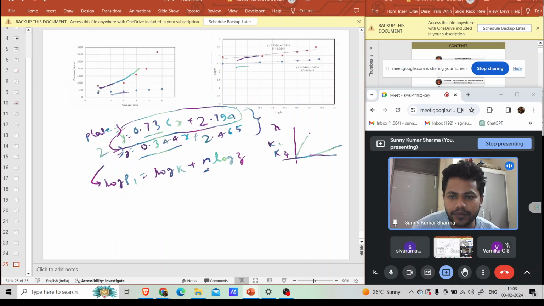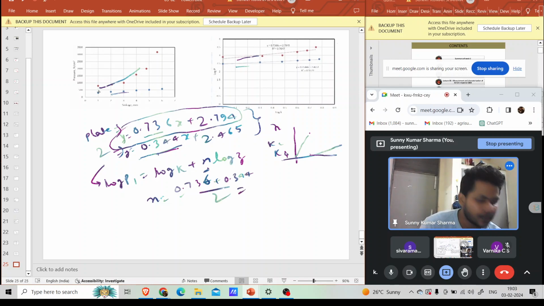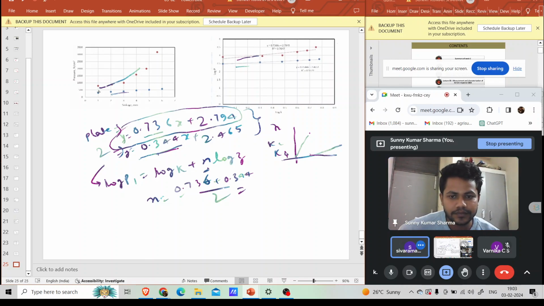So one slope is 0.736, one slope is 0.344. So our N will be the average of these two, (0.736 plus 0.344) by 2. This will be our N. What is it coming? 0.54. 0.54, sir.